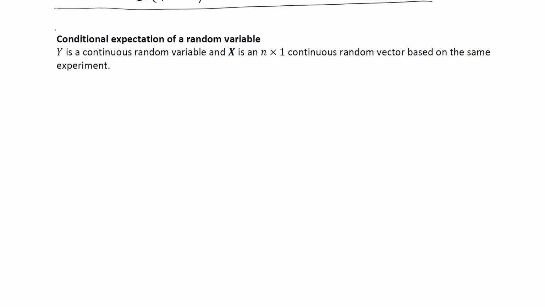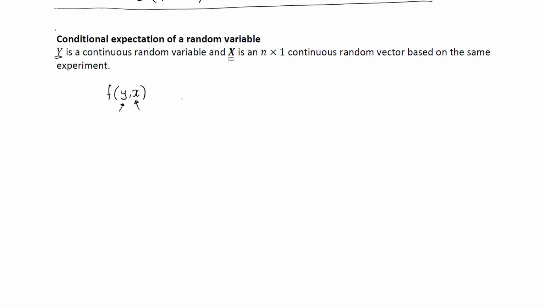So based on one and the same experiment, we have defined n plus 1 random variables. N of them are collected into the random vector x, and one of them is given the name y. We have a joint density f(y, x), which depends on a single variable y and n variables x. So this is a function of n plus 1 variables.